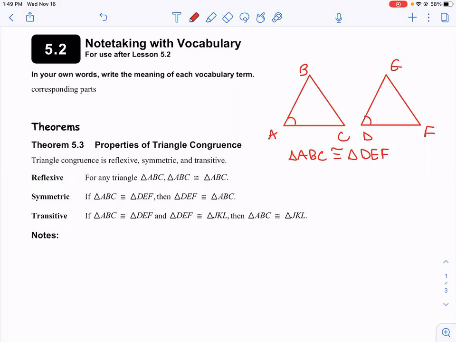So wait, are F and C corresponding? Yes or no? Can we determine that? This is given.